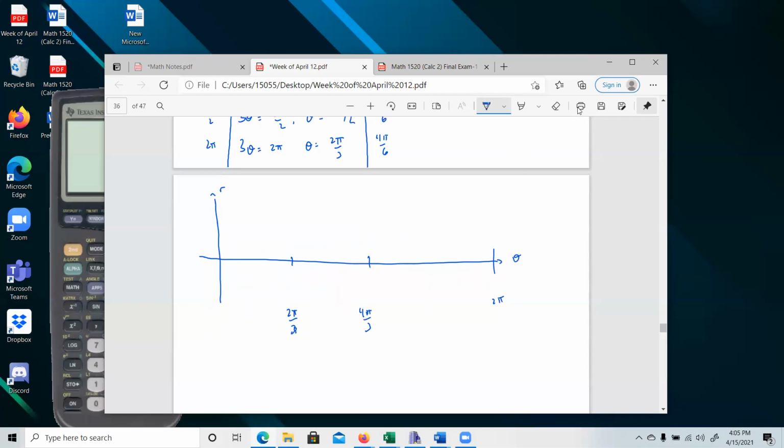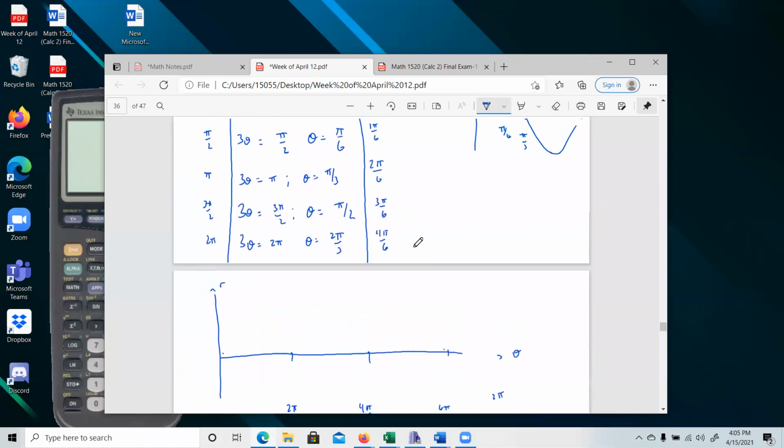Let's erase a little bit of this. I'm trying to break this out so it looks like that. And then we have to subdivide each of these regions because the cycle is going to take 2 pi over 3.